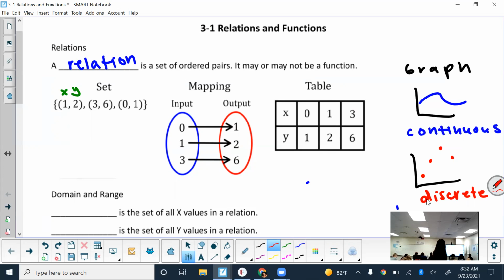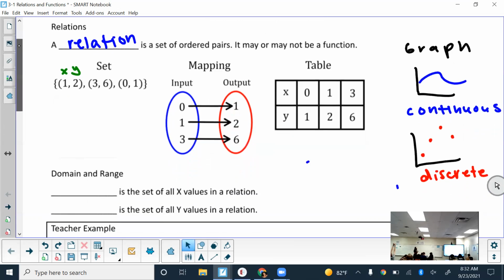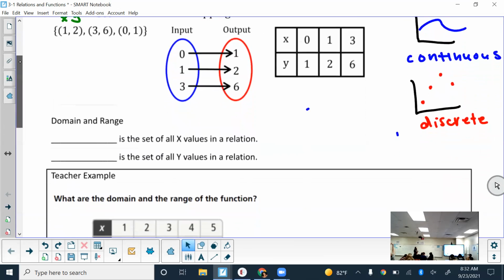Not 8.99. It's like this or that. That's the difference between the types of data. But we'll talk more about that later. Questions so far, just on the different forms?